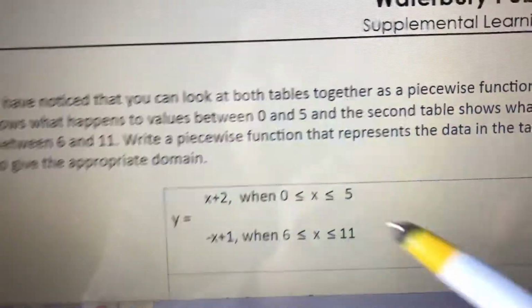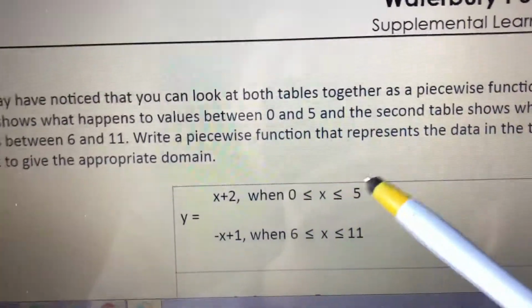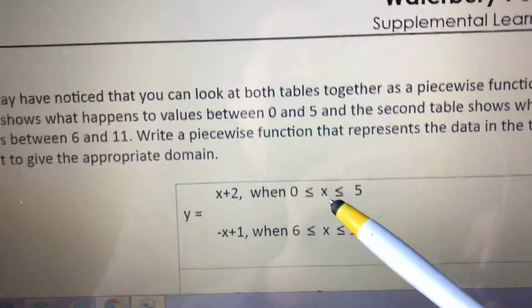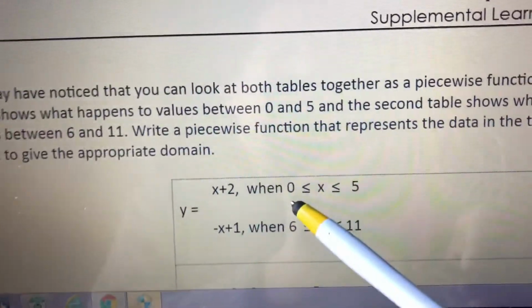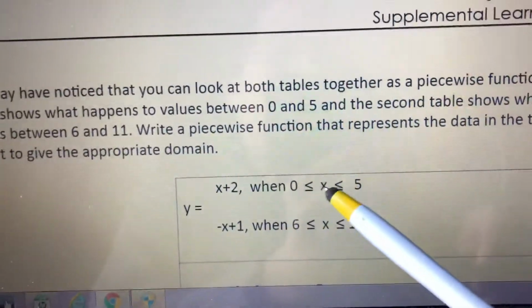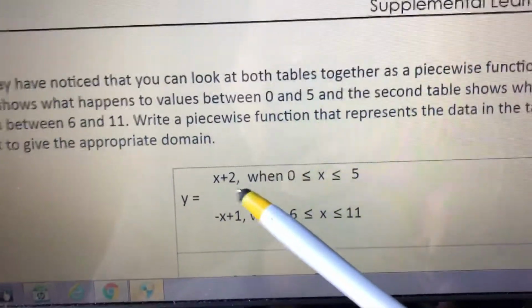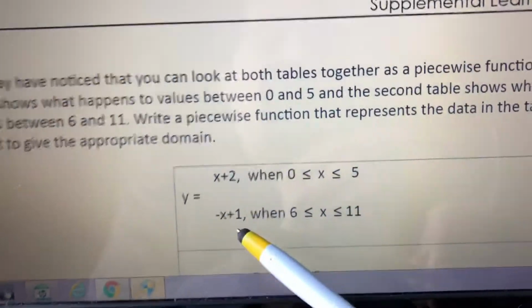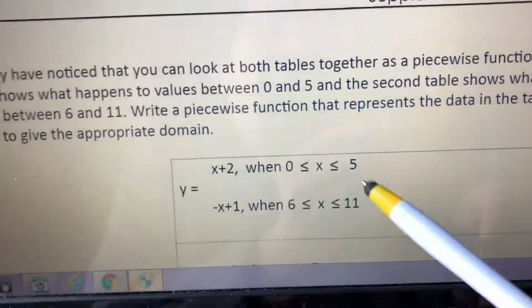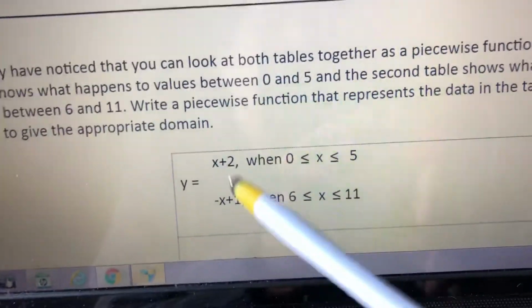Okay, so you have to define, say, okay, you can use this function when the input x is anywhere between 0 and 5 inclusive. So if you have an x coming in at 1, you can use this function, not this function, okay? If you have an x coming in at 7, you can use this function, not that function.